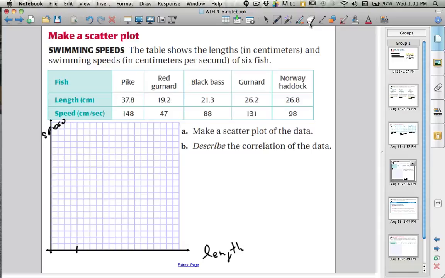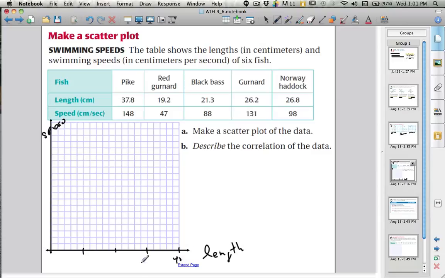Well, actually, maybe if I do it by 5, then I'm going by 2s. That's probably easier. 1, 2, 3, 4, 5, so that's 10. 1, 2, 3, 4, 5 is 20. 1, 2, 3, 4, 5 is 30. And 1, 2, 3, 4, 5, that's 40.